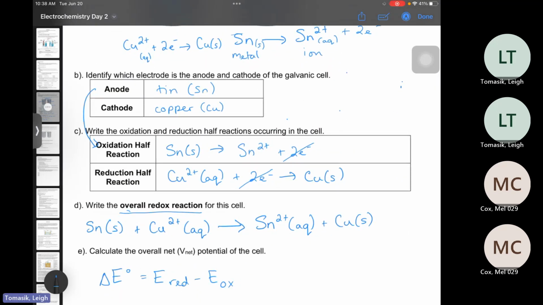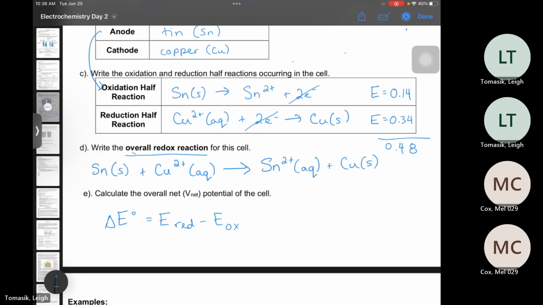Okay, so if I'm writing it as part of the half reactions, right, I could write that E equals 0.34 here, and I would have to change the potential of the tin because it's our anode to positive 0.14, and then I could just add them down here like this, and we would get 0.48.